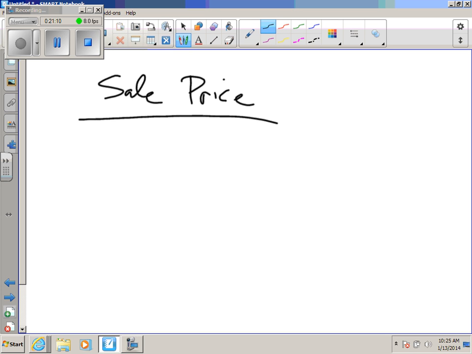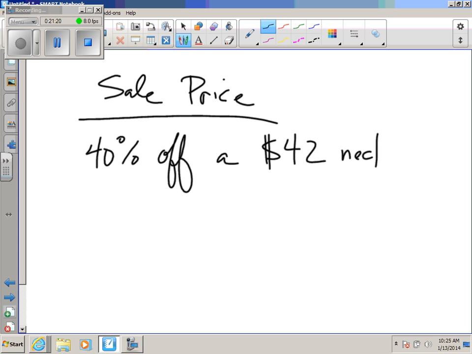Sale price. You've been in the store before, you've been shopping, and they run a certain percent off. So if we say 40% off of a $42 necklace.